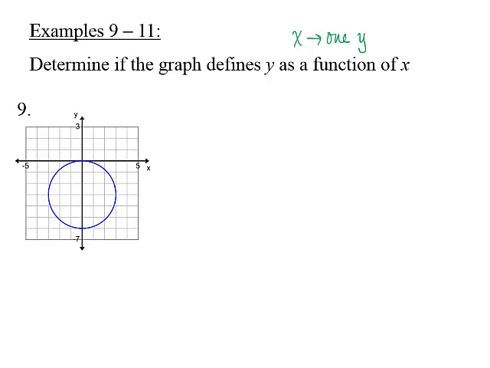And so if we think about drawing a vertical line through this graph, notice that the vertical line that I've drawn through this graph touches my graph in 2 points. Well, the reason why we do a vertical line is because that vertical line represents all the values on that graph that have this particular x value. And so I've selected this value of x equal 1.